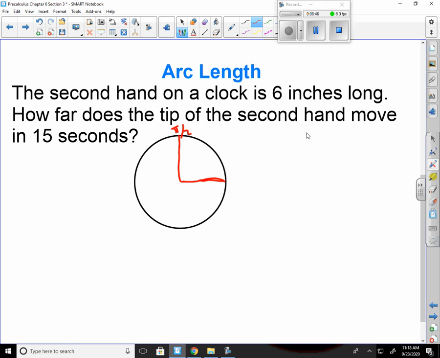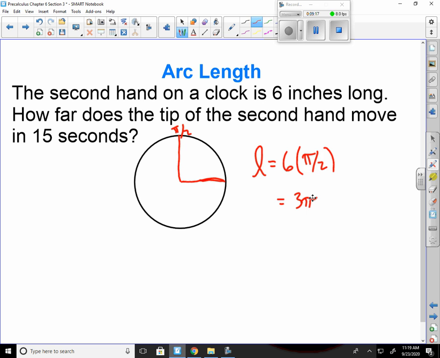Pi over 2 radians. So our arc length is the radius, which is 6 inches long, times pi over 2. That gives us 3 pi. And now that we're dealing with arc length and not the angle measurement, I can put my 3.14 in, or just use the pi button on the calculator, because we're looking for how long it actually is. 3 pi doesn't tell me anything.